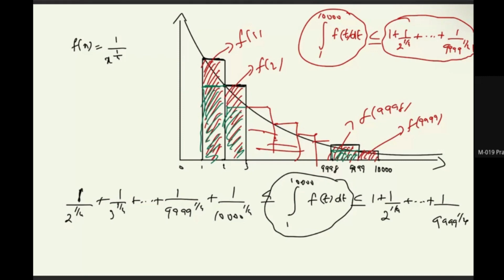Now, can you compute this integral, from 1 to 10,000 of 1 by x power 1 by 4? What will happen? You know how to integrate this, right?